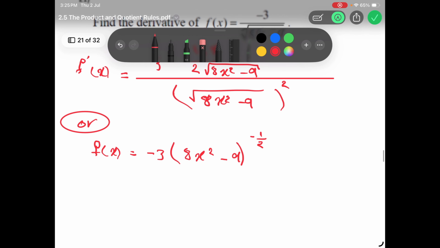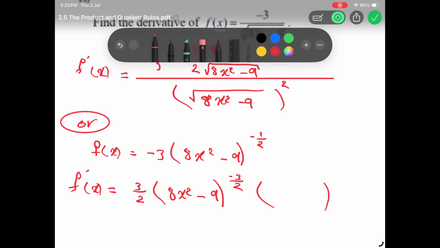And now we can apply the chain rule. So f prime of x equals, first I will multiply this by this. If you multiply minus 1 over 2 by minus 3, it will be 3 over 2. Then I will keep the inside function 8x squared minus 9 as it is. I will reduce the power by 1, so minus 1 over 2 minus 1 will be minus 3 over 2. Then times the derivative of the inside function, which is 16x.